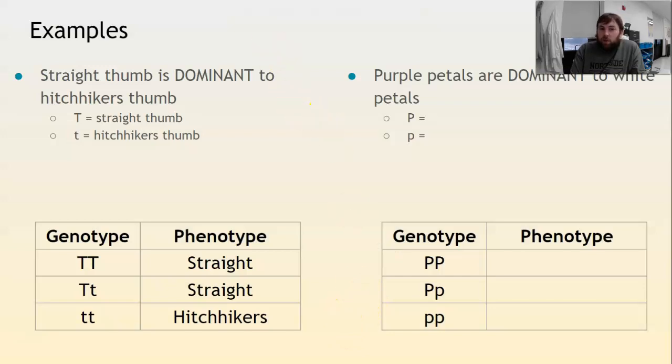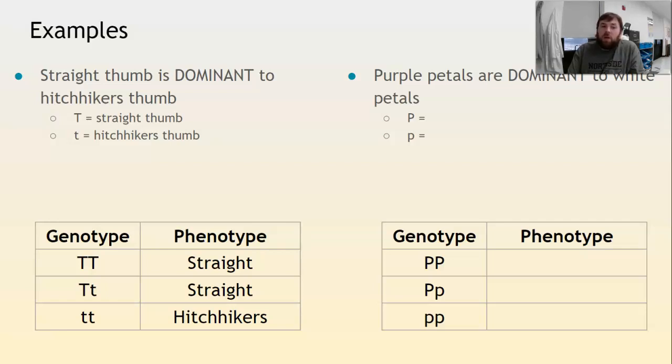Some examples to review real quickly here. We have straight thumbs, straight thumbs being dominant to hitchhiker thumbs. If you recall, we used a capital letter for the dominant straight thumb, capital T, and a lowercase t for the recessive hitchhiker's thumb. If we combine those two alleles, we'll have three different possible genotypes.